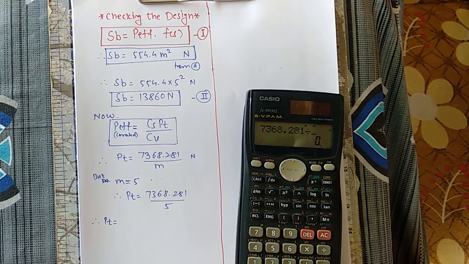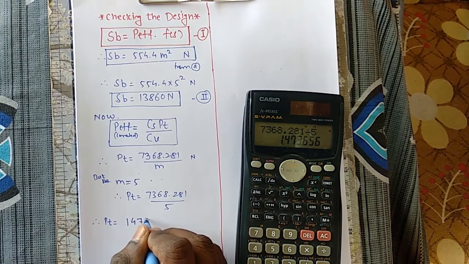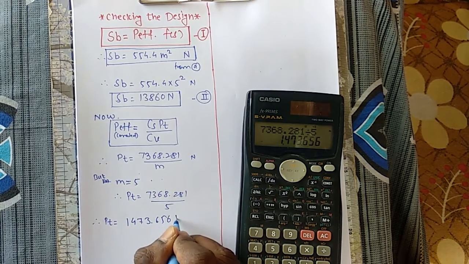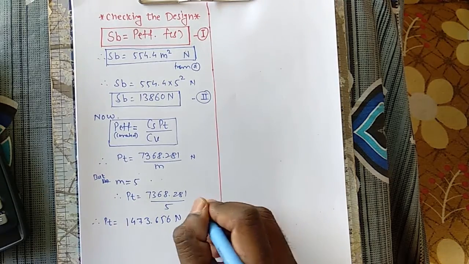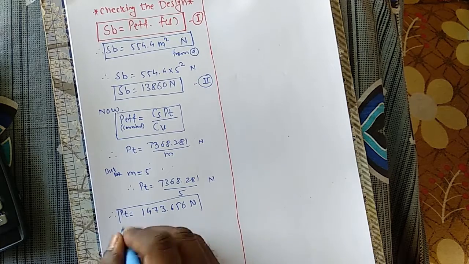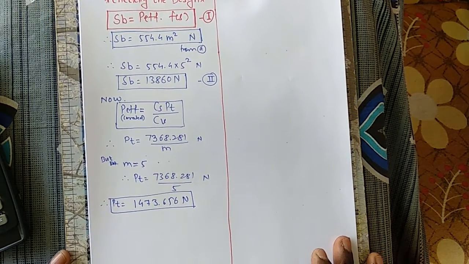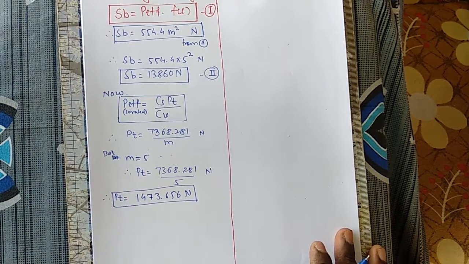M is 5. So I got this value as 1473.656 Newton. Right? I got PT.